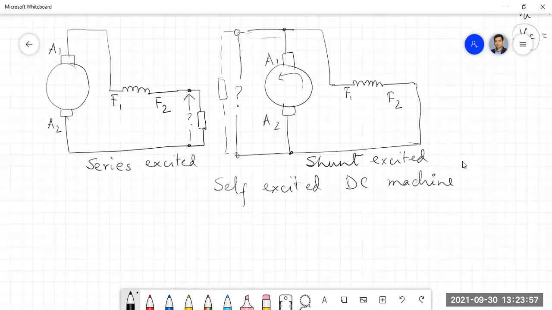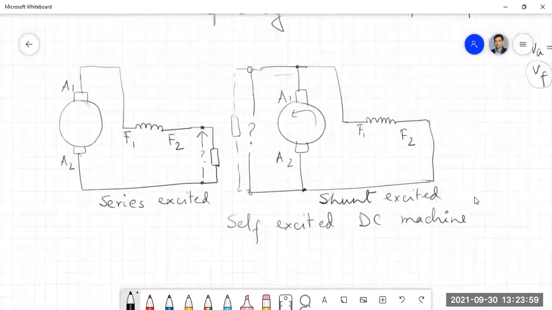So here the armature coil and the field coil are connected in series. And in this configuration, we have to ensure the path is closed. Otherwise, the field current will not flow, flux will not be generated, and thereby there will be no induced voltage.